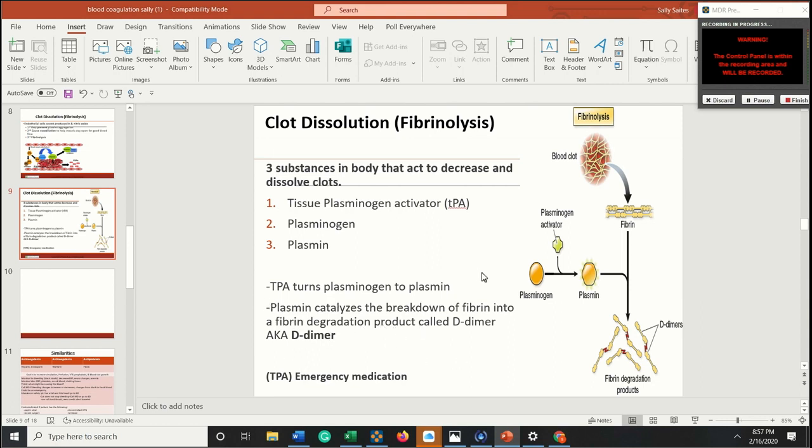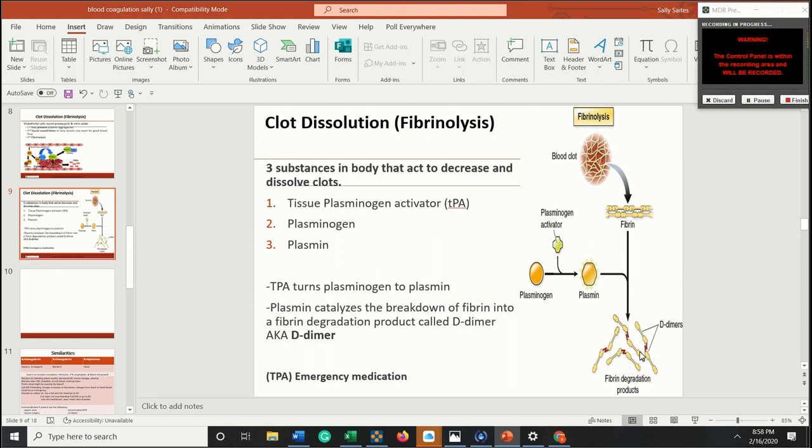Okay, so here's our clot, here's our fibrin, here's our plasminogen activator. We have our plasmin, and the activator turns plasminogen into plasmin, which then starts to do fibrin degradation.